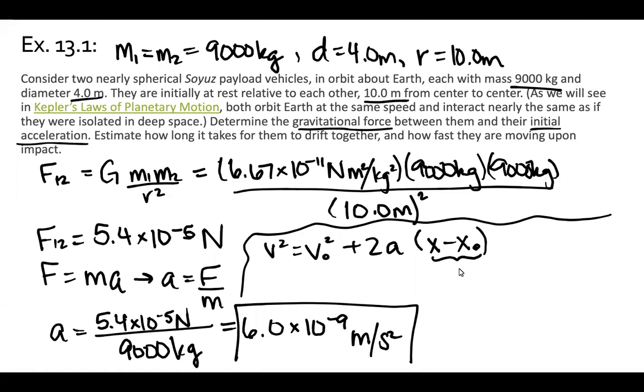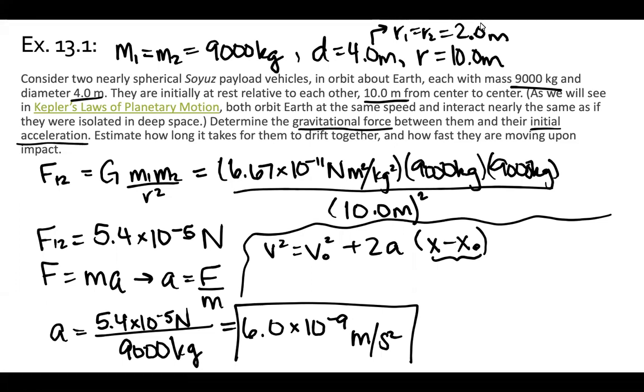We were given that each of these has a diameter of 4 meters, meaning that their radii, R1 equals R2 equals 2 meters, because the radius is 1/2 of the diameter.